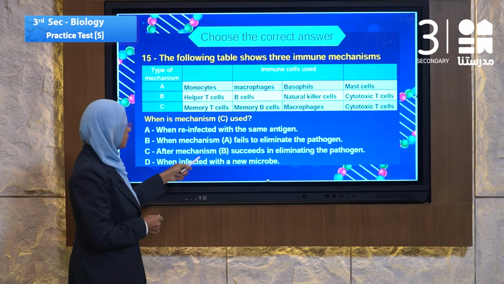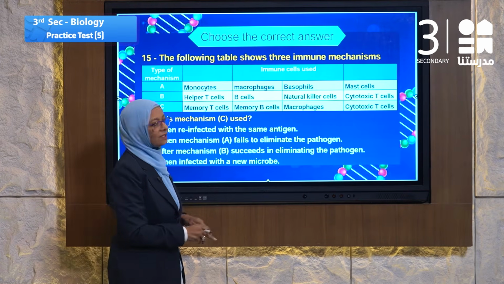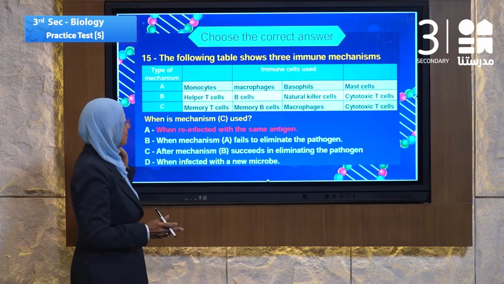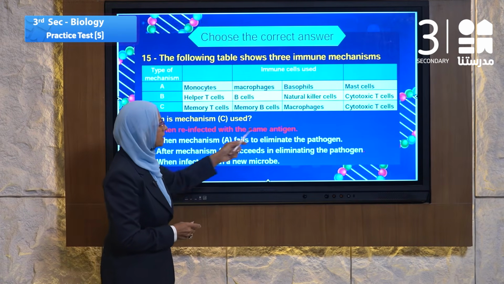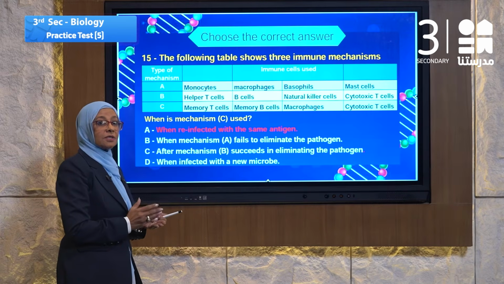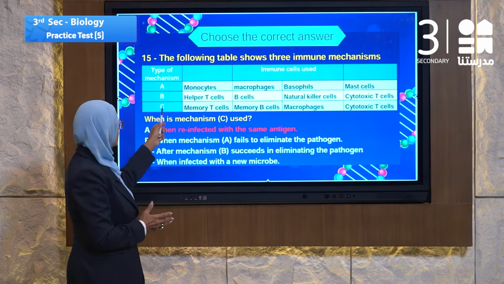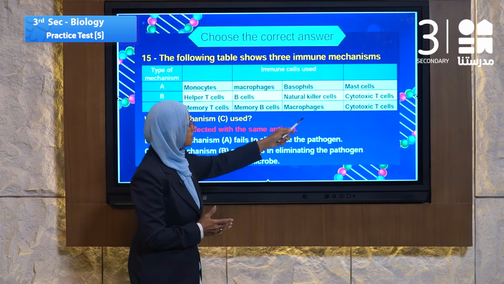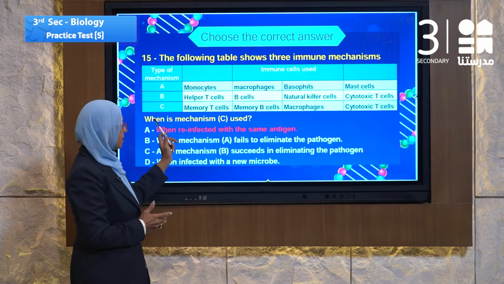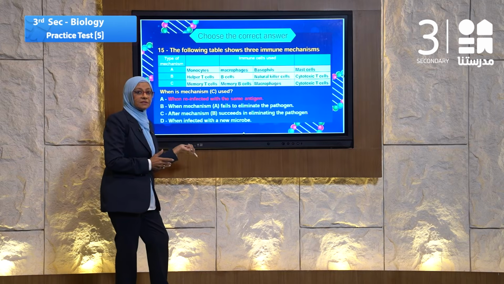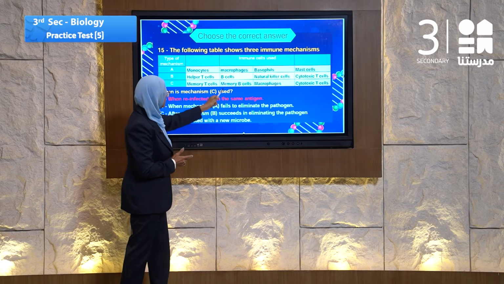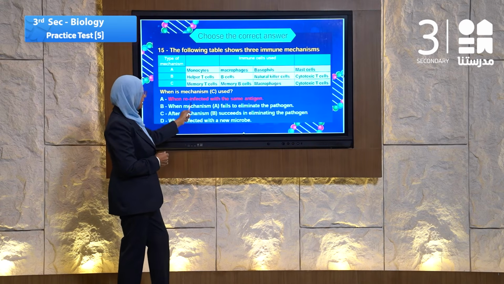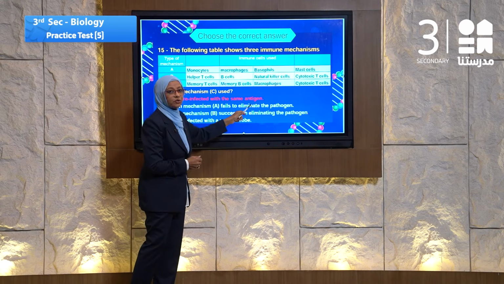D, when infected with a new microbe. The answer must be A. When reinfected with the same antigen, the immune system uses these cells to make a defense. So the answer: C is used when reinfected with the same antigen.